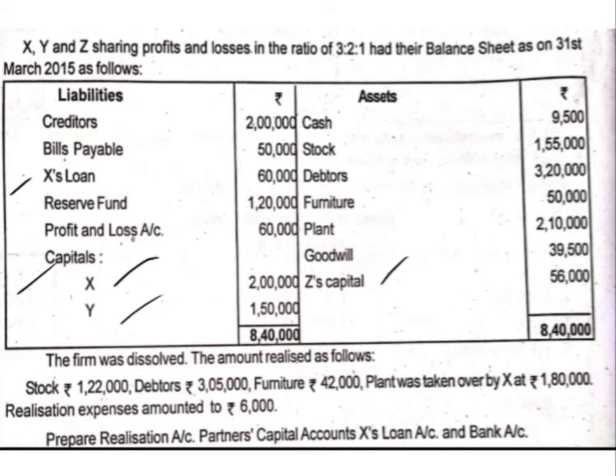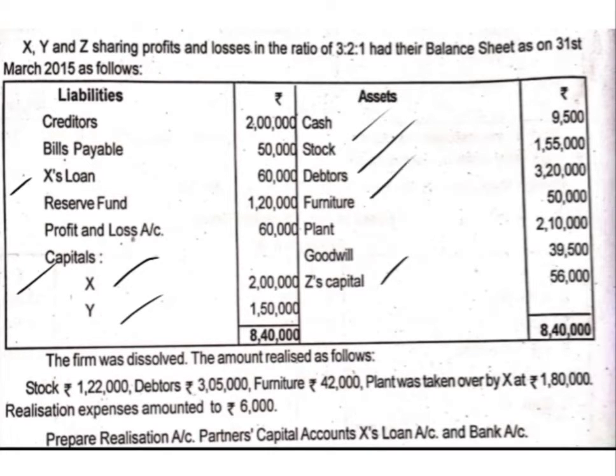The first entry will be for transferring all the realizable assets given in the books to the realization account at their respective book values. Let us identify which are the realizable assets on the asset side. Cash is not a realizable asset because it is already in the realized form. Cash or bank balance should not be considered. Then stock, debtors, furniture, plant and goodwill we have to transfer.